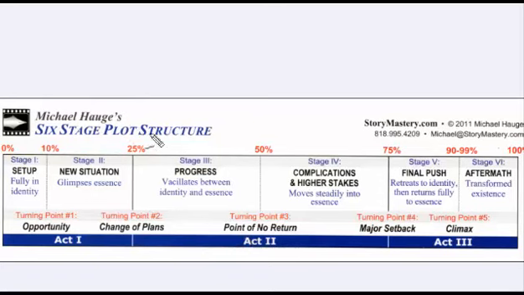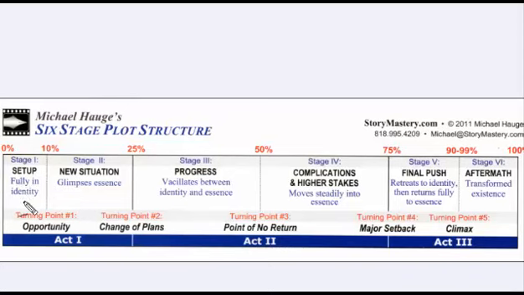All of this is Michael Hague's 6-stage plot structure. That is what is on the front of the bookmark, and what I explained is written on the back.